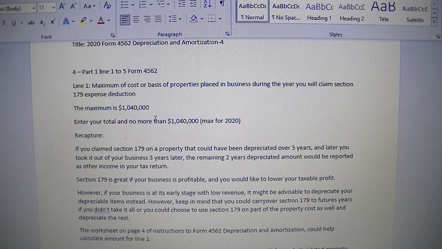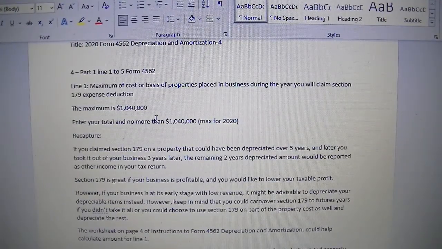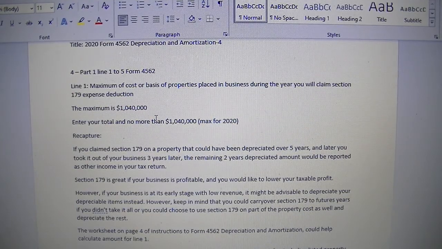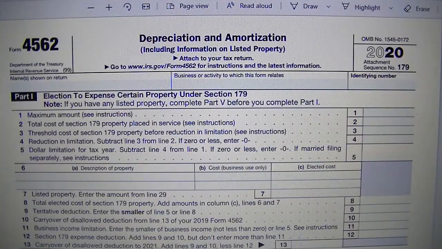So if the property placed in service is more than 1,040,000, then 1,040,000 is what you'll have on line 1 of Part 1 of Form 4562. So line 2 of Part 1 of Form 4562, total cost of Section 179 property placed in service.